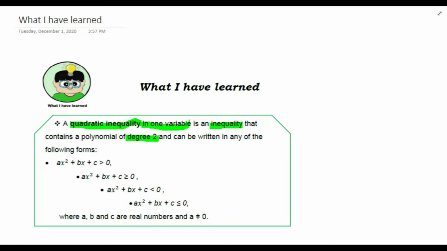The first one is ax squared plus bx plus c is greater than 0. The other one, ax squared plus bx plus c is greater than or equal to 0. The third one is ax squared plus bx plus c is less than 0.